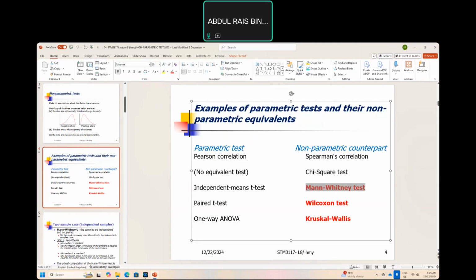Same can be said for paired t-tests. If your data is not normally distributed, you will do a Wilcoxon's test instead. Principle is the same as Mann-Whitney-U. It's not actually a comparison of means, which one is high, which one is low. It's actually a comparison of medians of your data.